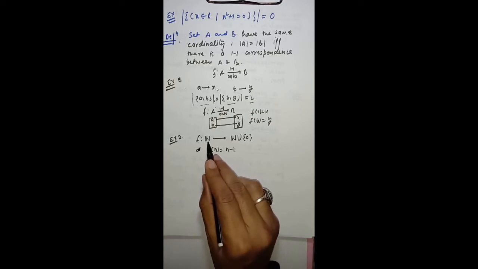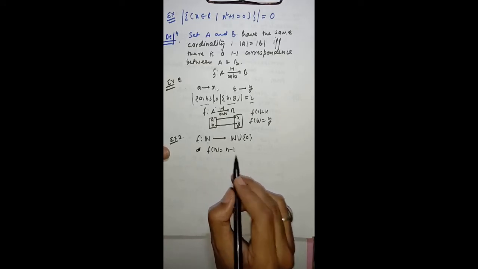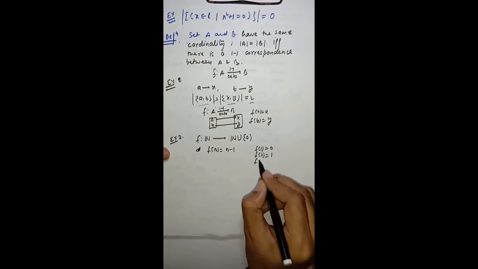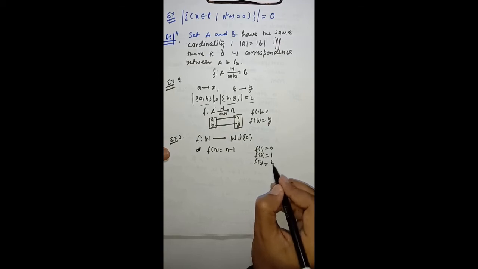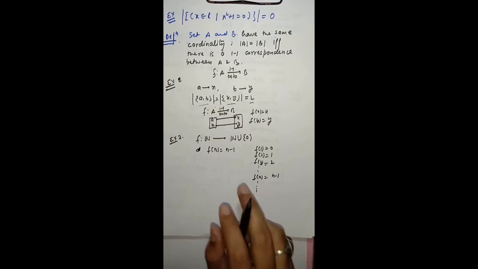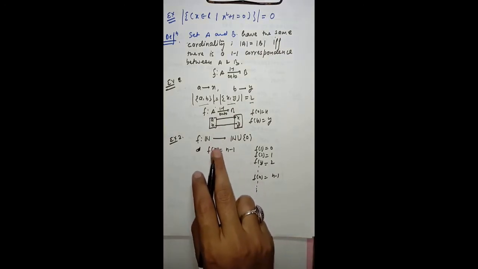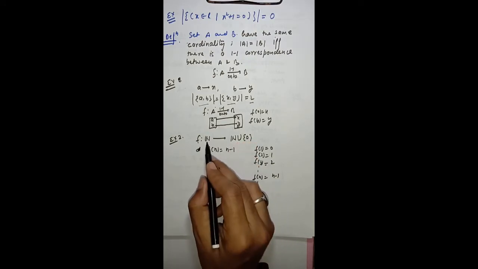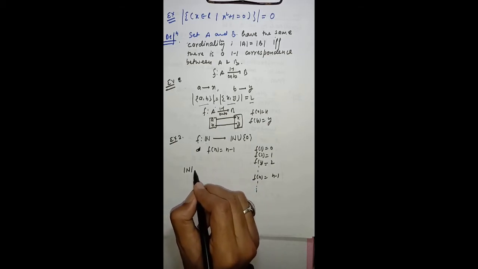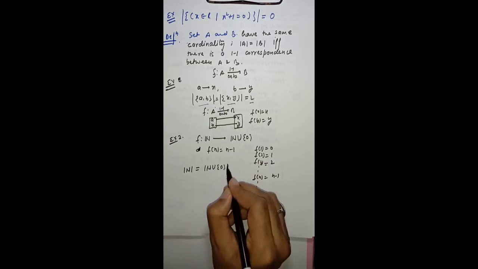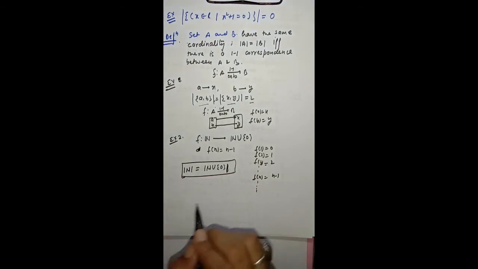That means if we put the first natural number, we get 0. f(1) is equal to 0, f(2) is equal to 1, f(3) is equal to 2, and f(n) is equal to n minus 1, and so on. And we can see that there is a one-to-one correspondence between N and this set. So the cardinalities are equal. That means the cardinality of N is equal to the cardinality of N union the singleton set {0}. This is one of the most interesting examples.